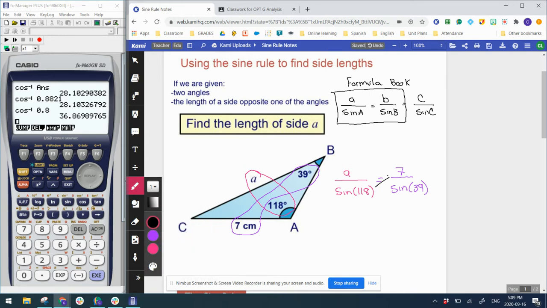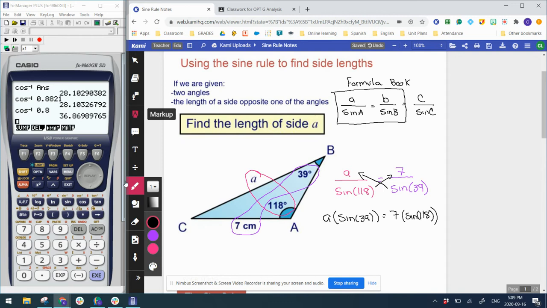Once we have it filled in, we're just going to do some cross multiplication. I'm going to multiply this sine 118 over here, and I'm going to multiply this sine 39 over here. So this is going to become A times sine 39 equals 7 times sine 118.